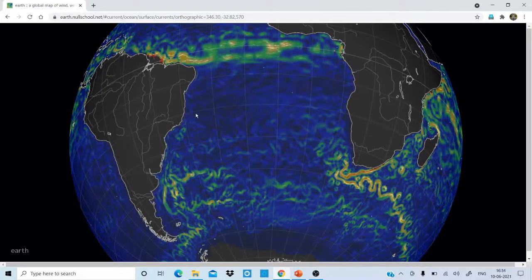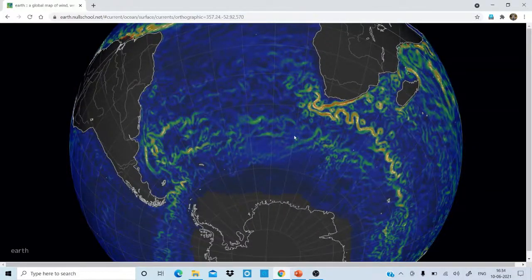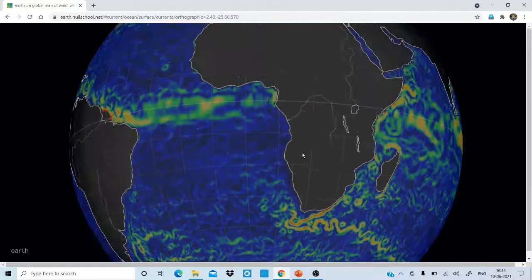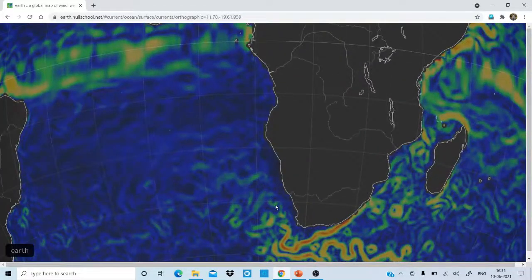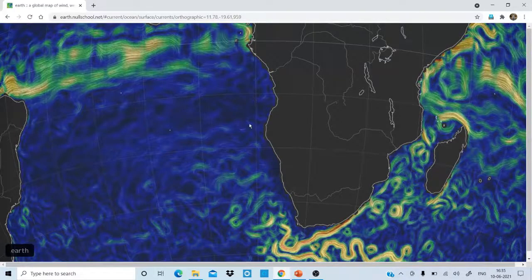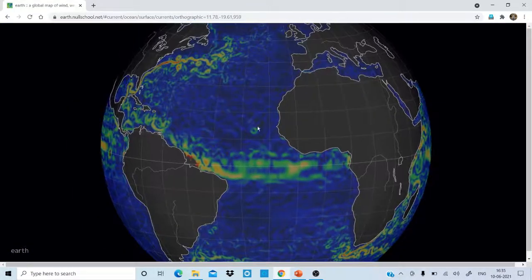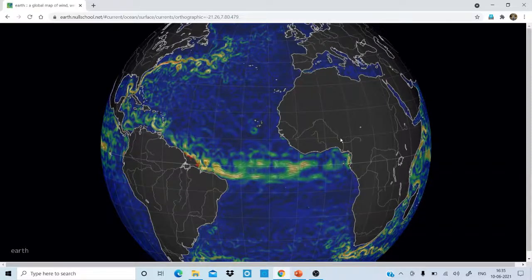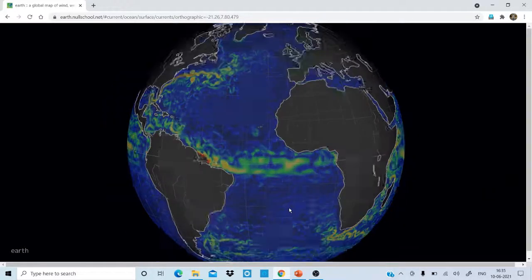Then all along this we get the Brazil current, then the Antarctic Circumpolar current, and then in this portion on the eastern side of the South Atlantic, there is this cold current, the Benguela current. So these are the four currents which make up the South Atlantic gyre.